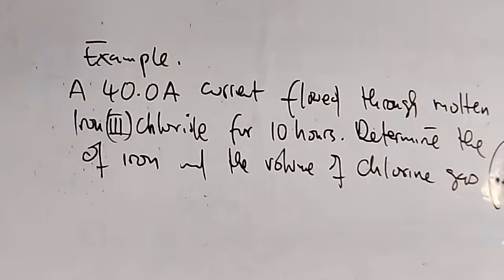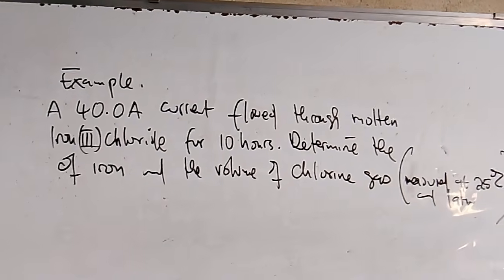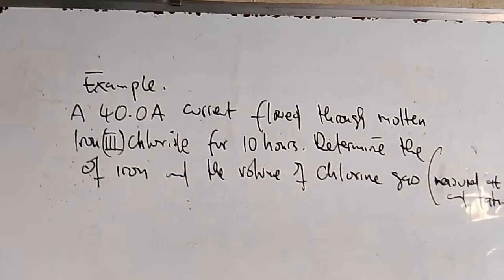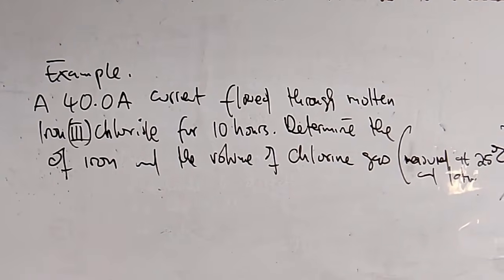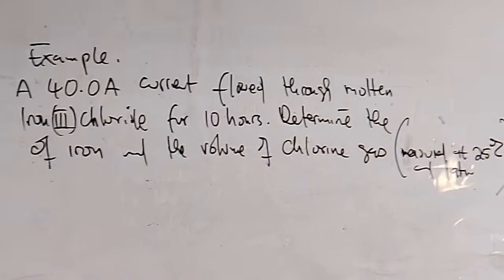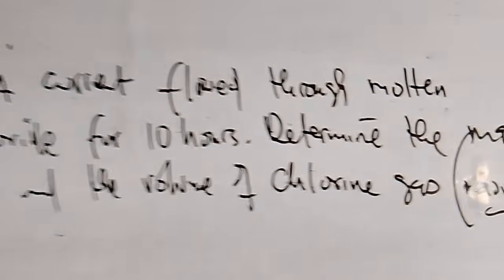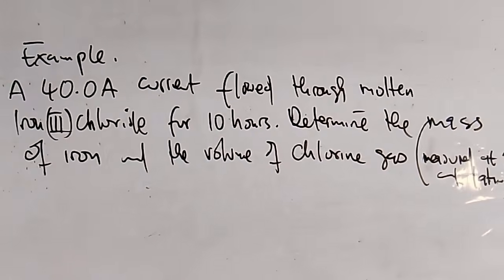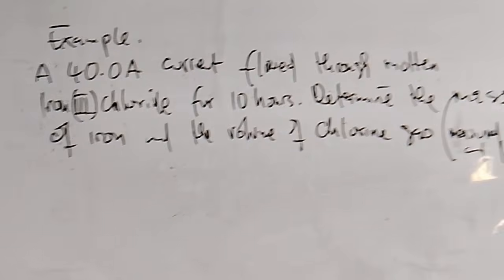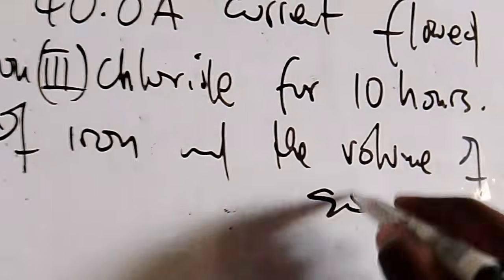Okay, so this is the question. A 40.0 amp current flowed through molten iron(III) chloride for 10 hours. Determine the mass of iron and the volume of chlorine gas produced, measured at 25 degrees Celsius and 1 atm.